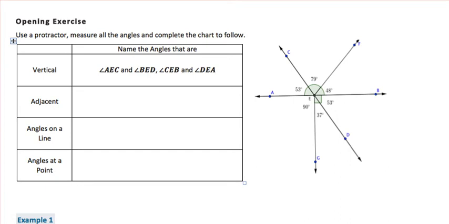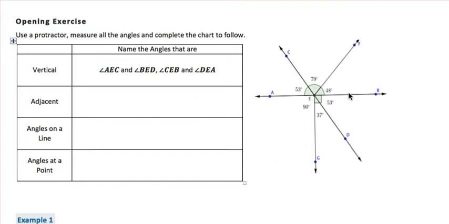So we have a drawing in our opening exercise, and the angles that are vertical are AEC and BED. You can find vertical angles by looking for straight lines that intersect. And if you're not sure, take a straight edge piece of paper and lay it on the line.